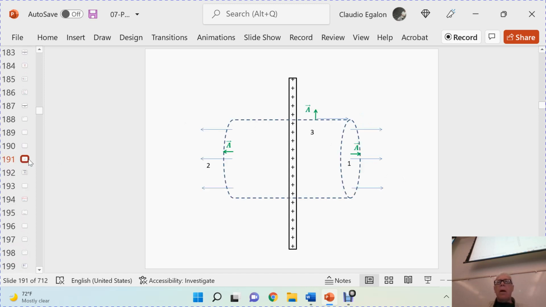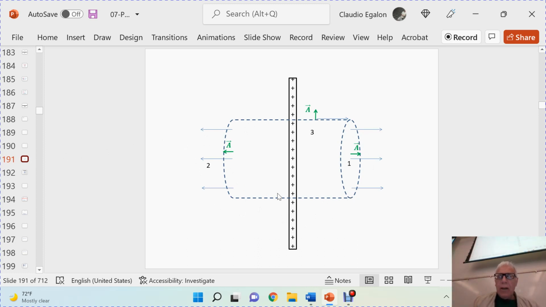Okay, what we do here, if you have a very large planar distribution of charges, we can say that this planar distribution of charges has cylindrical symmetry. And so what we do, we use a Gaussian cylinder like this one, to find out what's going to be the value of the electric field.